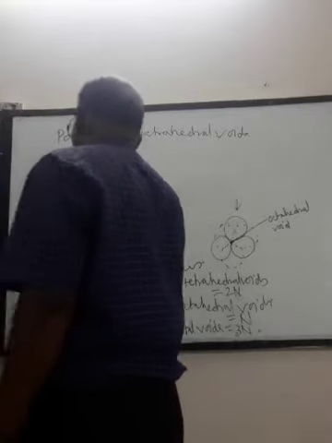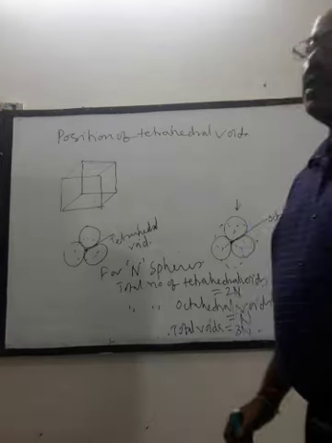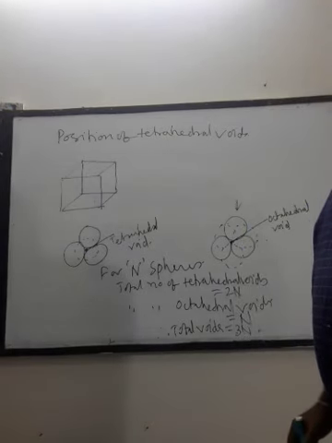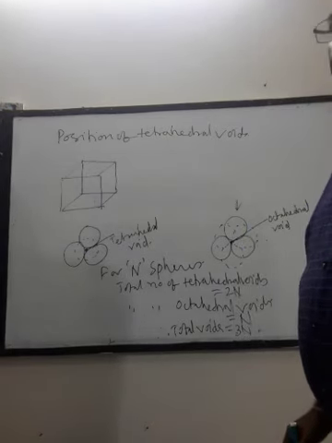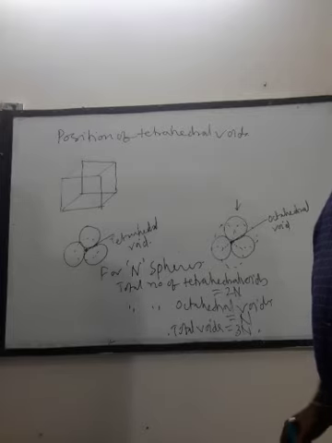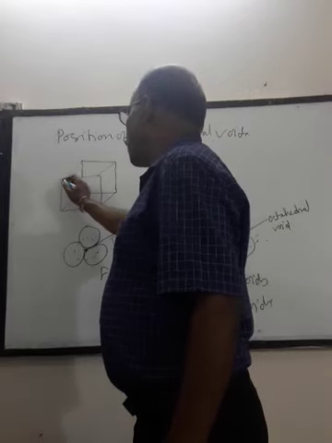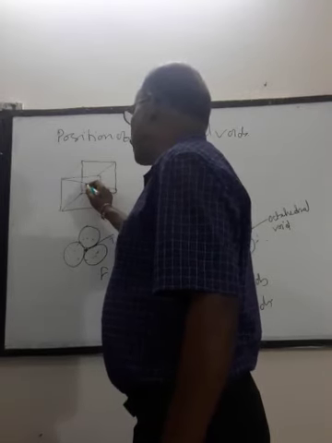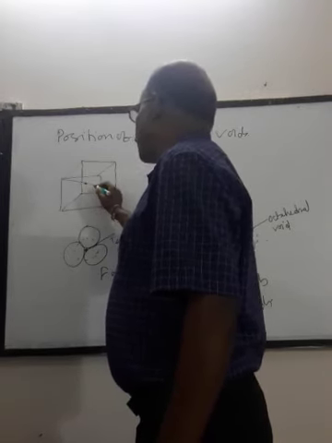So this one is a cube. In a cube, there are 4 diagonals, and each diagonal contains 2 tetrahedral voids. So this corner to this corner is 1 diagonal, so 2 tetrahedral voids.